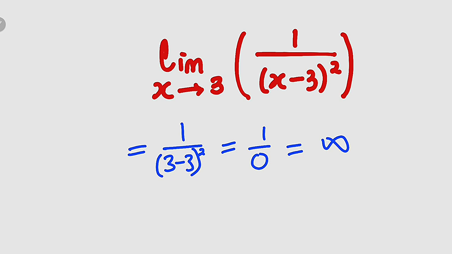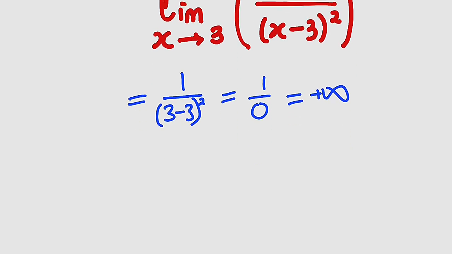But which of the infinities? Is it positive infinity or negative infinity? You should know that the denominator is positive because of this power of 2. Therefore, the whole limit will approach positive infinity. But you can check the left and the right hand side limits to confirm. Let's do that.